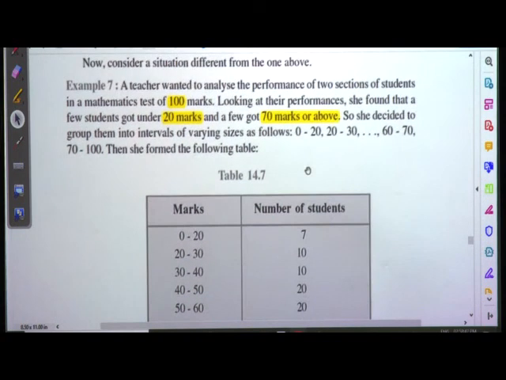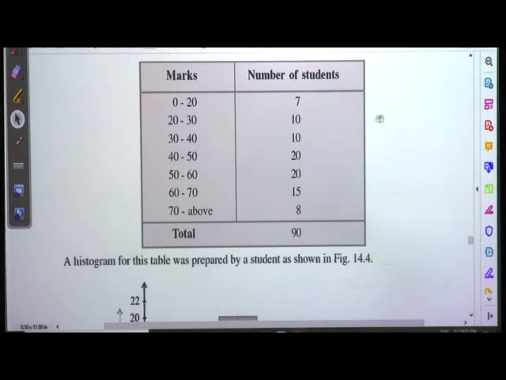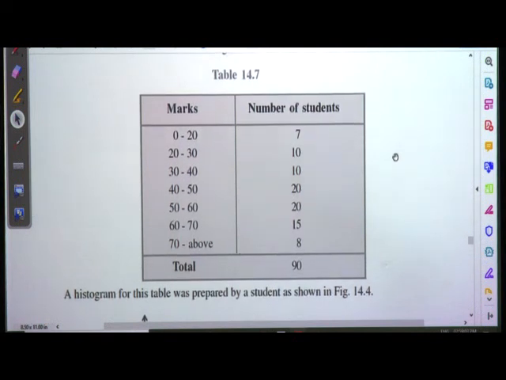Purposely I had explained the question saying that the test is of 100 marks. So when it is out of 100, whatever you are getting is the percentage, because percent means out of 100. So 0 to less than 20 means it is the same thing. The students who are getting less than 20% marks.